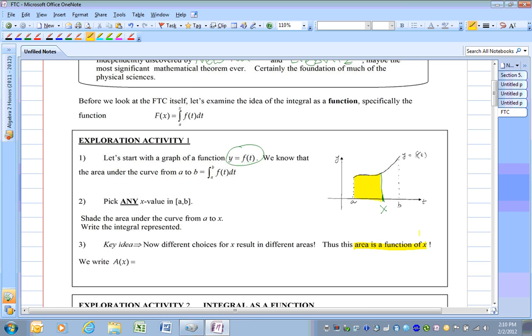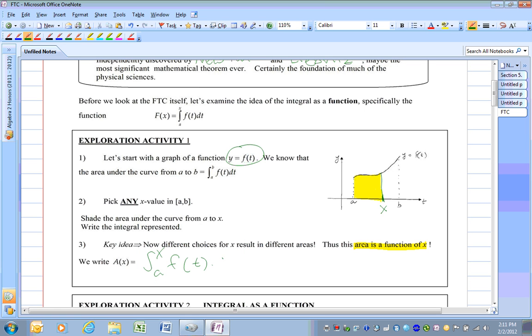So basically the area is a function of x. Depending on what x is, the area obviously could change. So we can write the area like this. Little a is a constant.